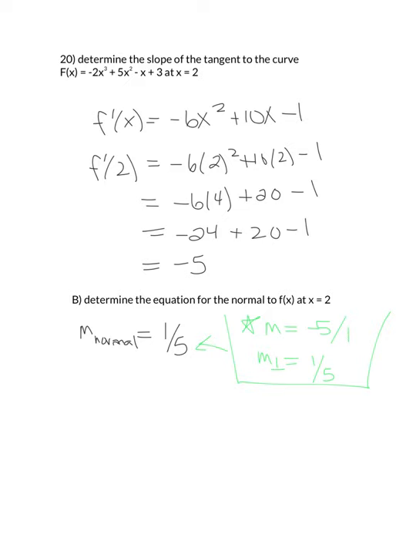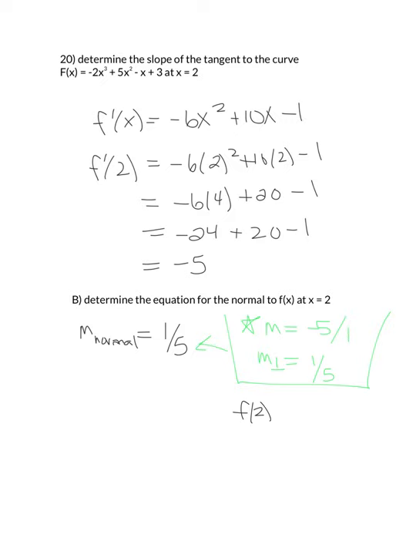And then at this point, I'm going to plug 2 into my original equation. The reason I'm doing this is because in order to find the equation, I need the y, the x, and the m. That's the only way I'm going to be able to find my y-intercept. So I need to find f of 2, not f prime of 2. I don't care about the slope at that point.